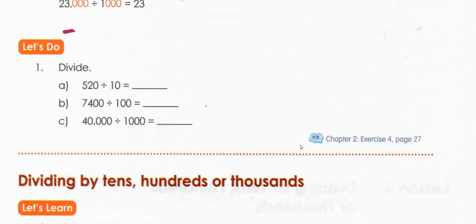Now we'll see. Let's do 520 divided by 10. Here you have only 1 zero. So cancel 1 zero. It becomes how much? 52. 7400 divided by 100. 2 zeros. You can cancel these 2 zeros. Then it becomes 74.